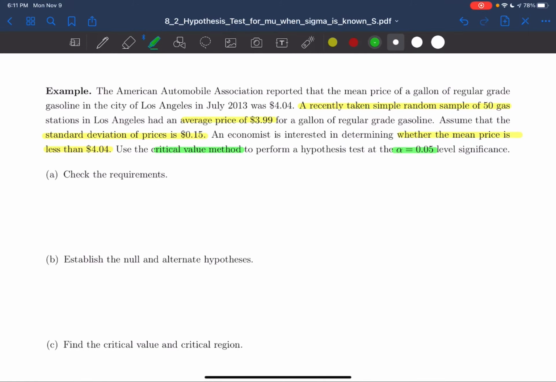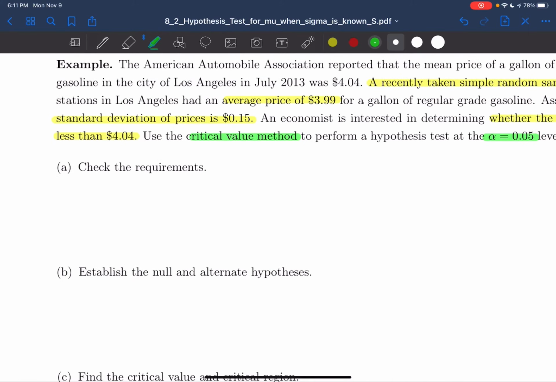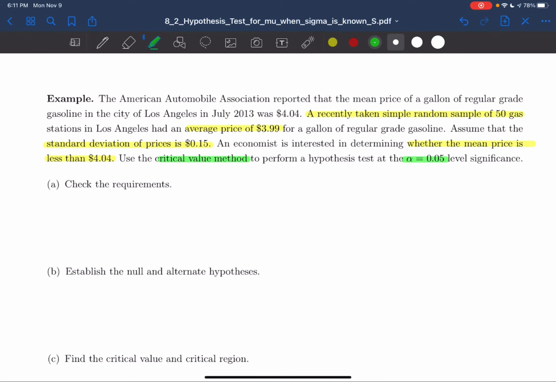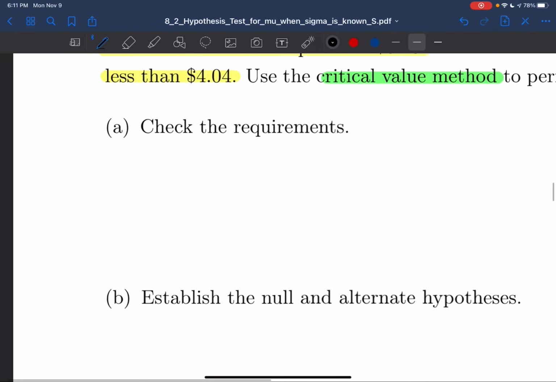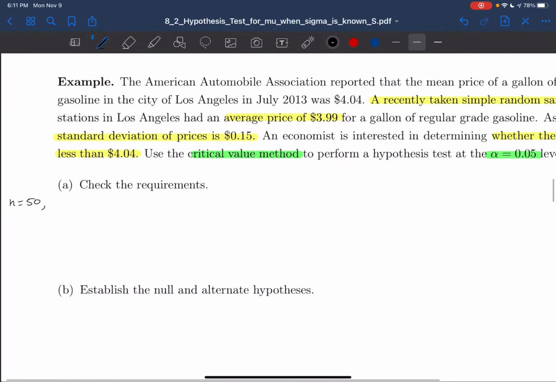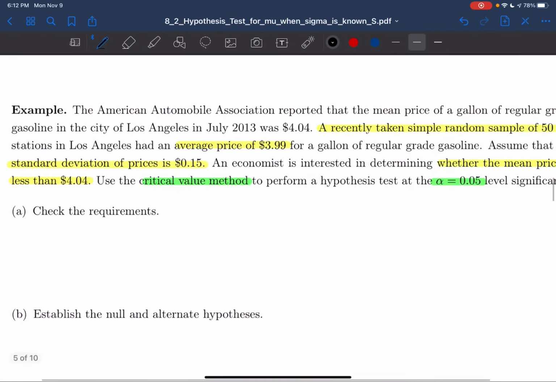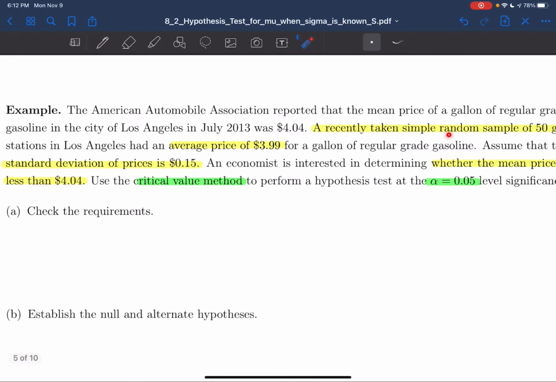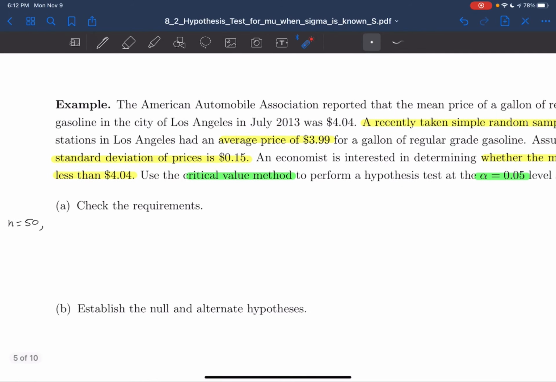So what I like to do first is actually collect all the things that are given to me. Since we had a simple random sample of 50, we know that our sample size, n, is equal to 50. We also know that in this simple random sample of 50 gas stations, we had an average price of $3.99.